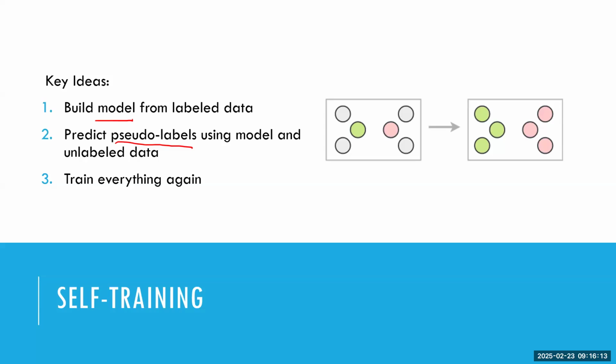Now, the first problem is that your labeled data is very small, right? When it is very small, you build a model from a small data set, you're not going to get a very good model, a very good result.